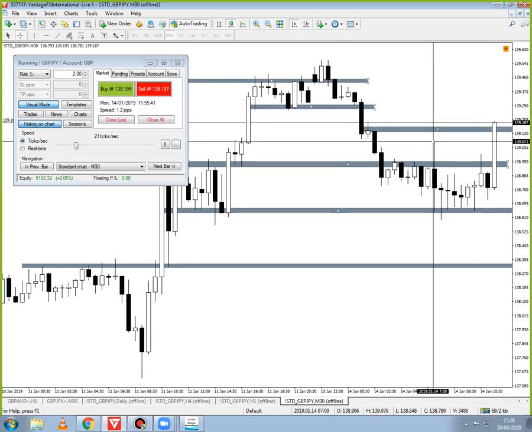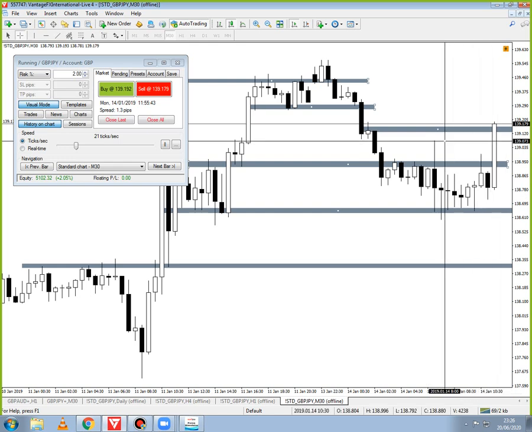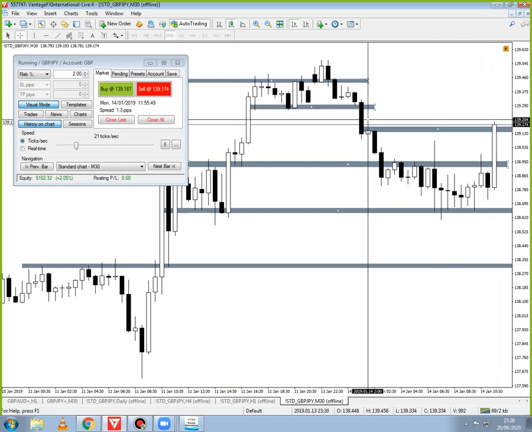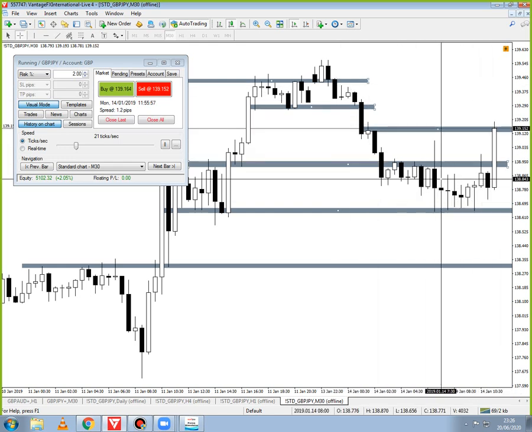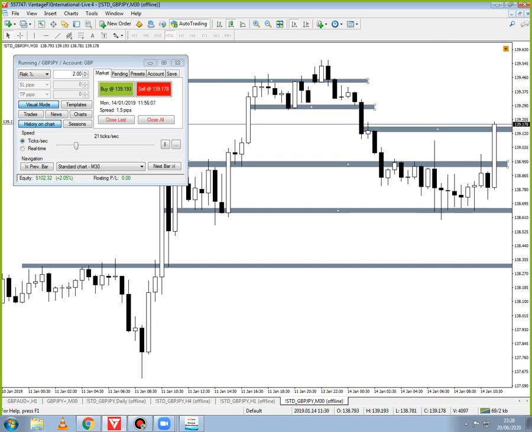But there was no confirmation here, because at this level we're in a bearish trend coming down now. So I think for these buys, there was no confirmation.